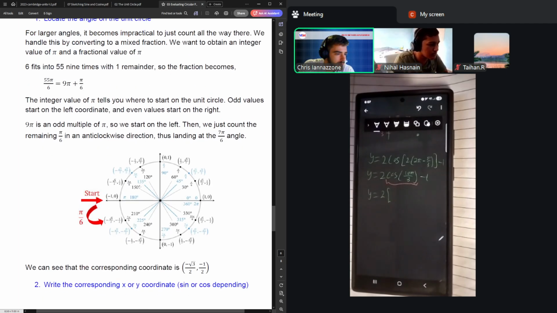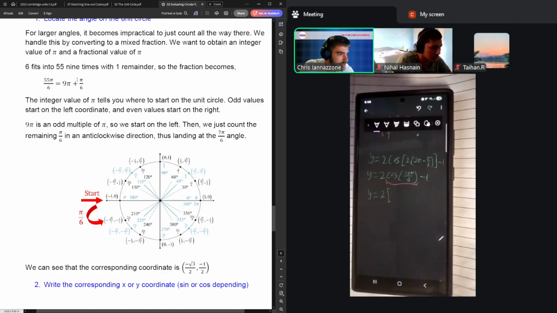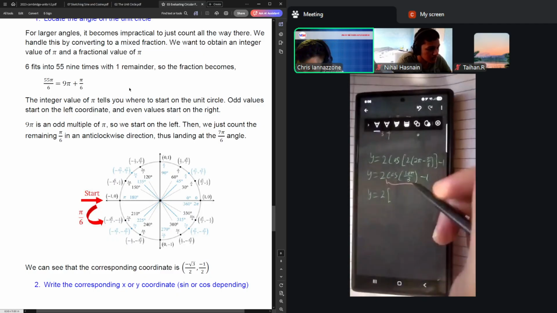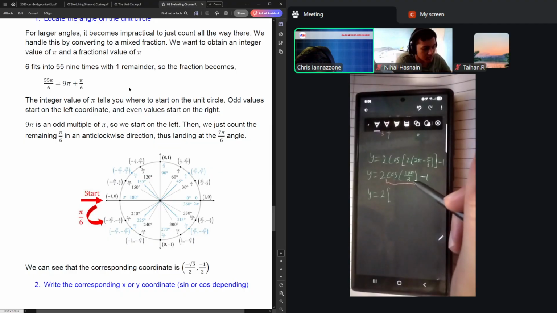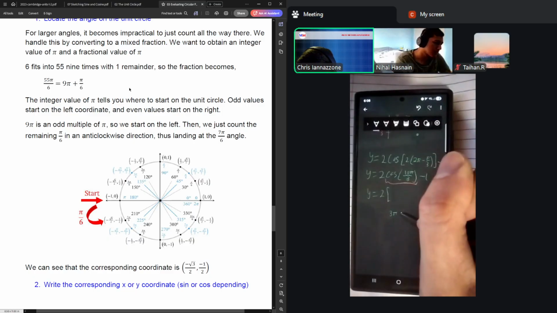Then from there, it's a lot easier to work with because any odd pi will start on the left, any even pi will start on the right. And so you can now just go to the next pi over 6 from the left-hand side. So in this case, 10 pi over 3, we first figure out how many times does 3 fit into 10. It's going to be 3 times with one remainder.